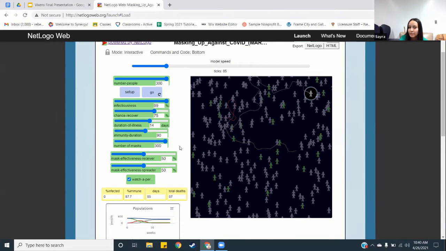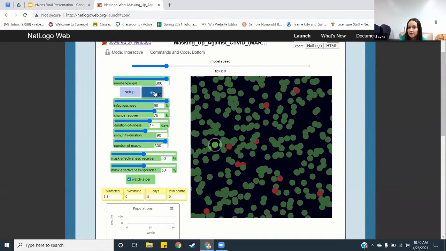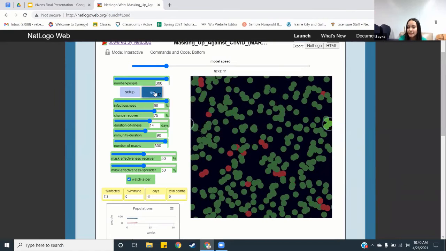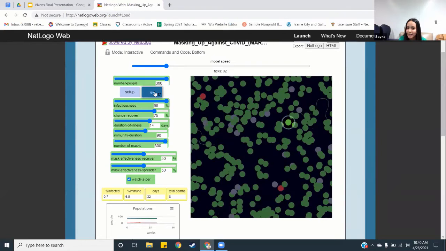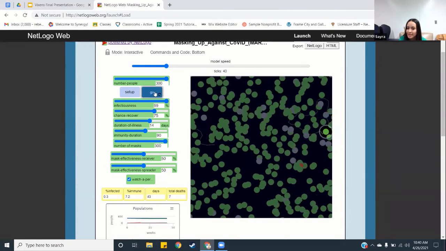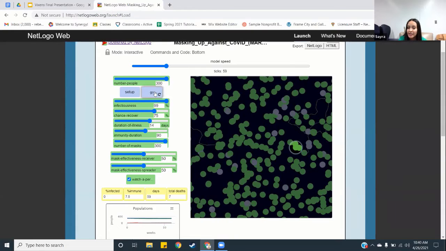So the next scenario we will look at is with everyone wearing a mask. And this scenario basically shows that it's a lot safer if everyone just wore a mask to begin with, but it's not very realistic either because not everyone is going to be wearing a mask all the time.